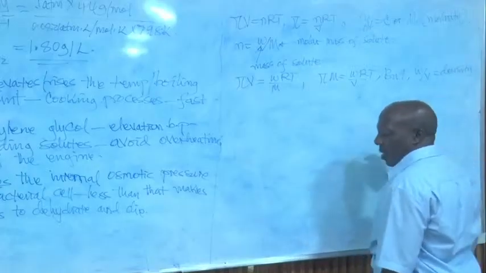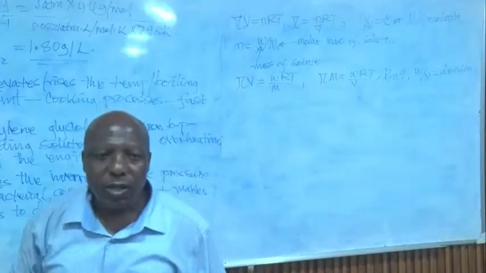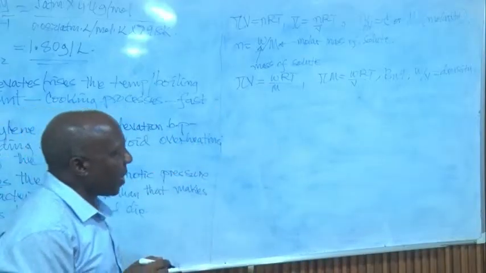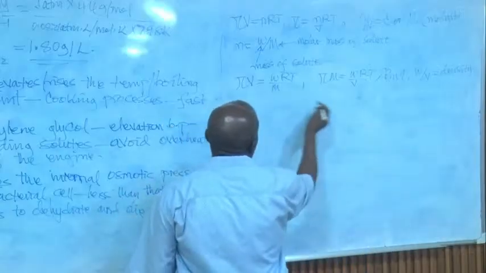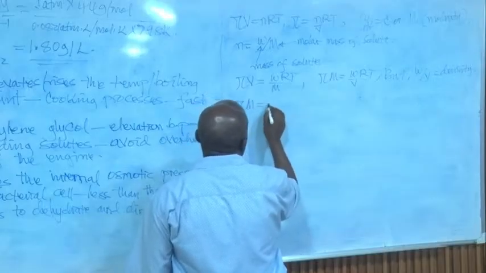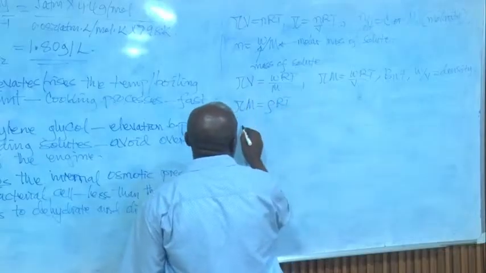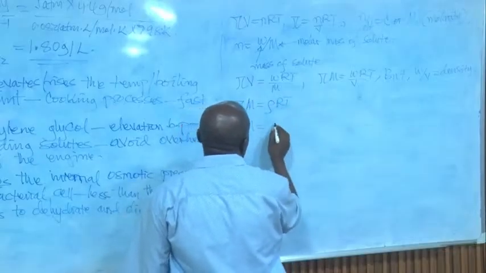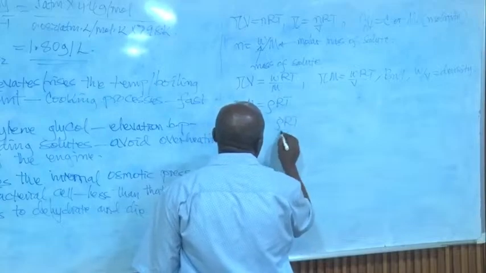Now, because the organic compound given is 30 grams per liter, this can also be defined as the density of this solution. So the equation now becomes pi M equals density RT. Now molar mass is equal to density RT over osmotic pressure.